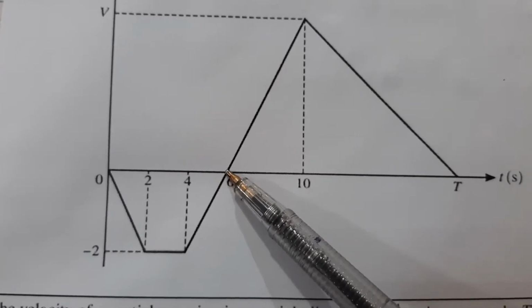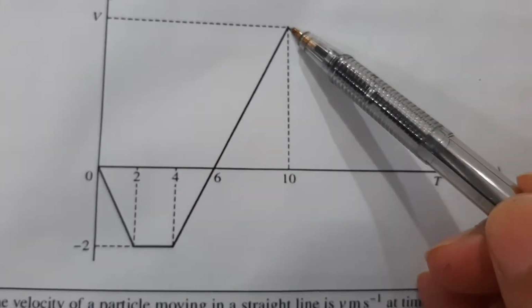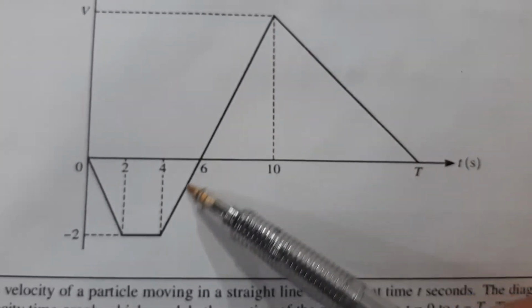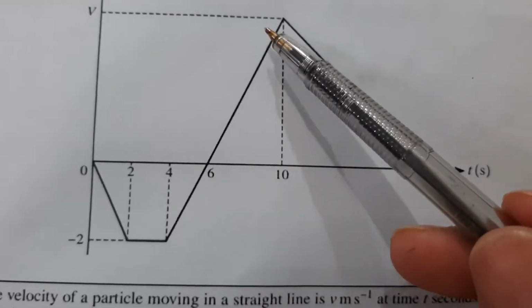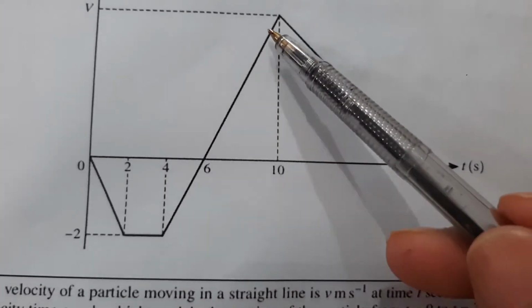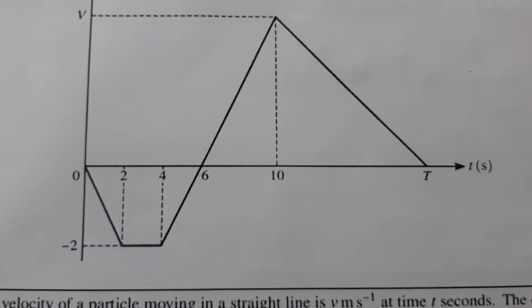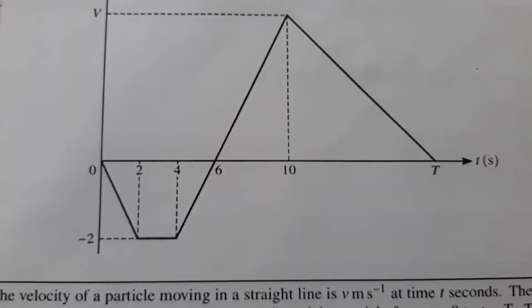What is the point here? (6, 0). What is the point here? (10, v). So the gradient throughout is the same. No matter which 2 points you use, on a straight line the gradient is the same, and the gradient will give you the acceleration, right?